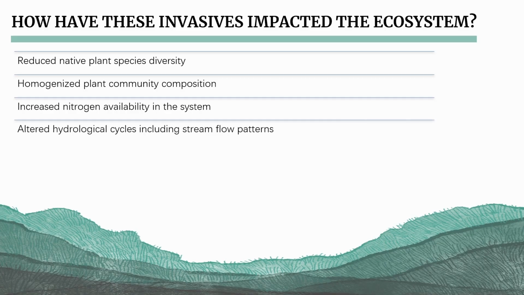This is work from Atri and Ferrell and our group. They've altered the hydrological cycle. If you look at water flow out of catchments that are invaded by wattle, particularly following extreme events, you see much more water flowing out from invaded patches when compared to native patches. In native patches, there's less water flowing out following extreme events, and the water flow is also maintained much longer into the dry season.